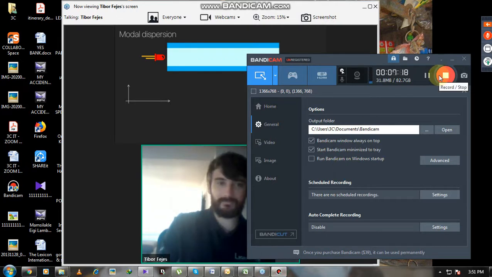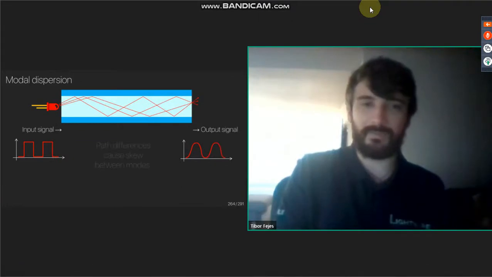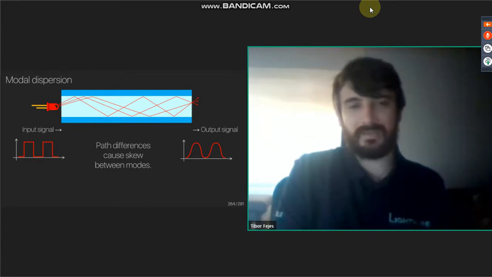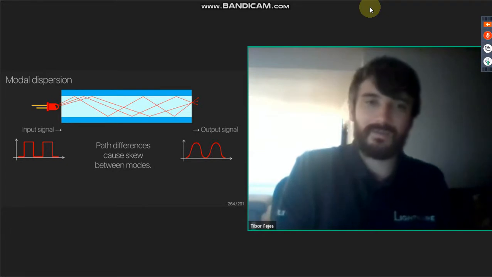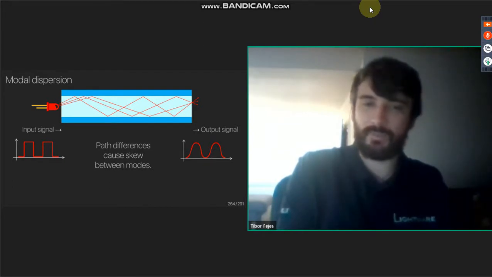Well, if we take our input signal and we send it down the fiber, and the light rays take all these different paths, you're effectively introducing skew into this system, much like with the inter and intra-pair skew from our TMDS, where taking a different path means traveling a different distance and ultimately arriving at the endpoint at a different time.